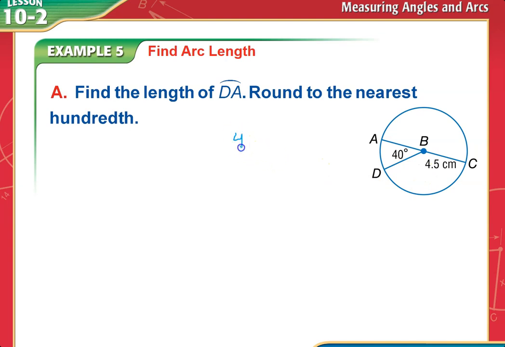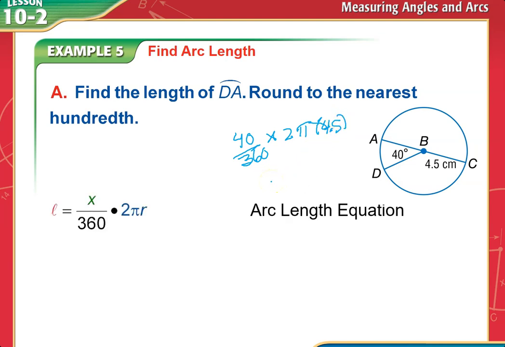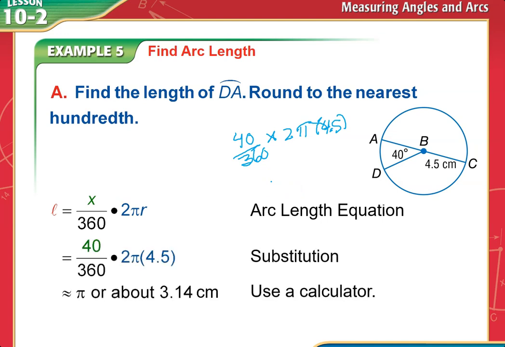So we're going to take 40, and we're going to divide that by 360, and then we're going to multiply that by 2 pi r. And my r is 4.5. So there's our setup. So the measurement ends up being about 3.14.